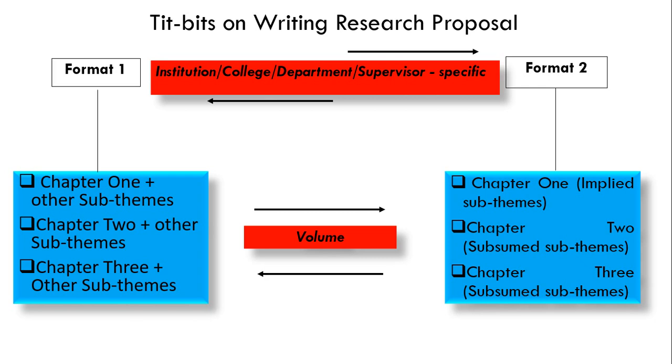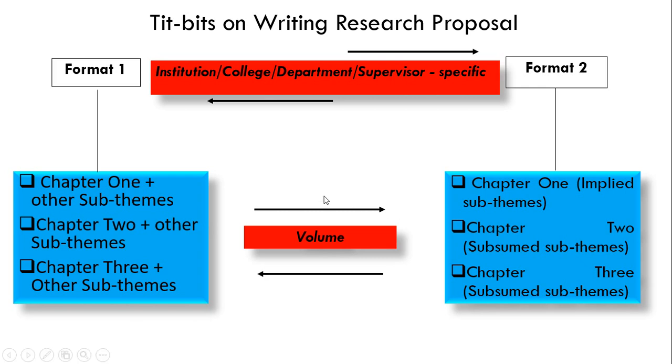Under this format 2, you are not expected to have those subheadings identified, but to be subsumed or implied under the main heading of introduction going forward. So that's about the difference between format 1 and format 2 in research proposal writing, which I said earlier could be institution, college, department, or supervisor specific.